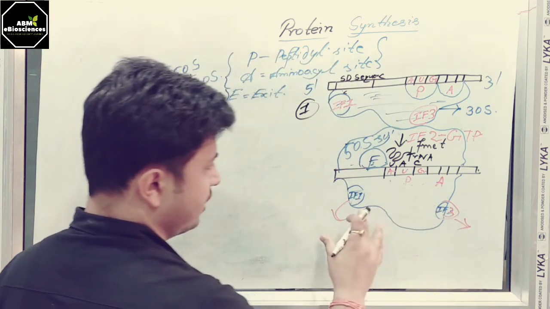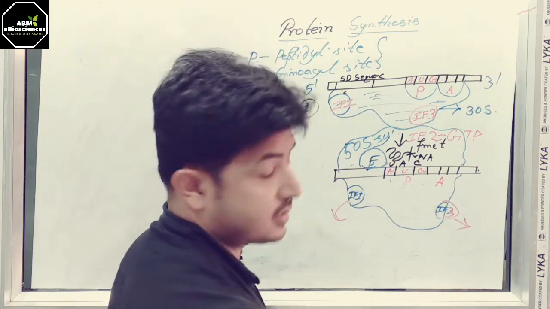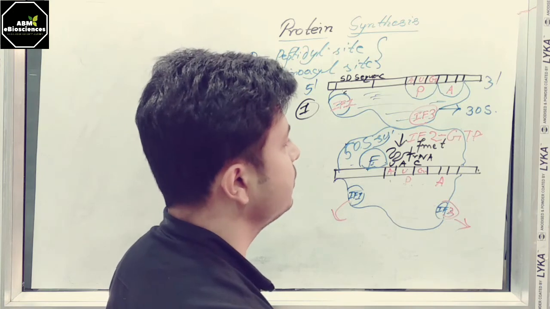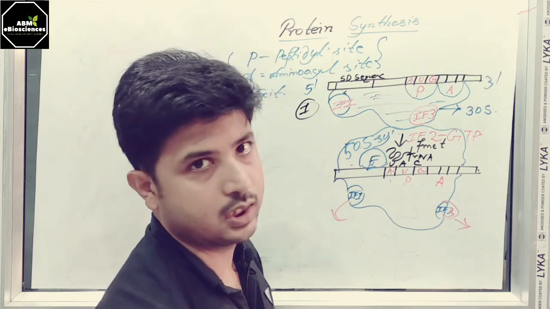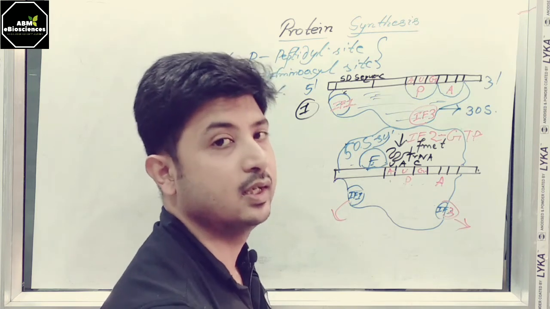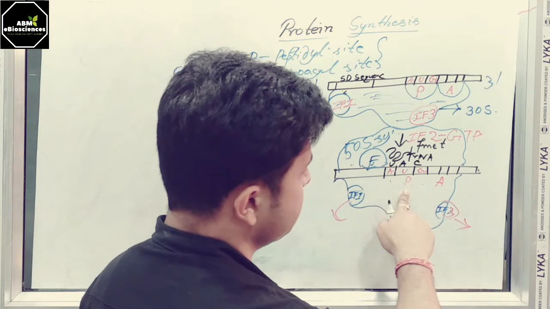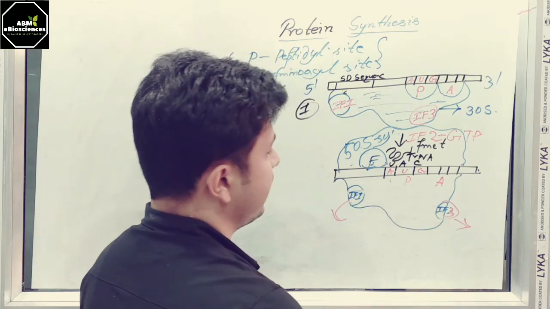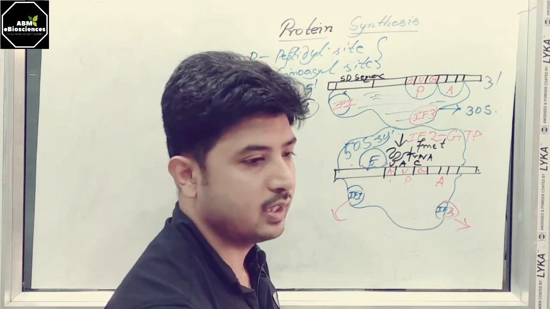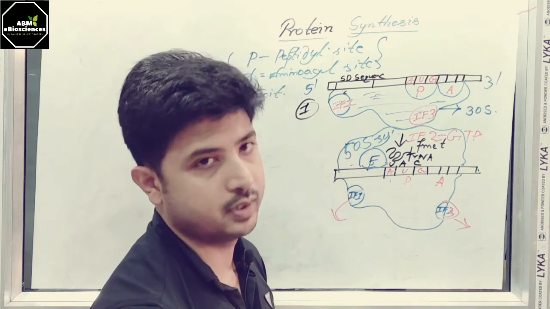What is the function of IF1, IF3 or IF2? You can understand that IF2 is bound with GTP, an energy molecule, which brings the F-met tRNA. F-met, the initiator tRNA with the initiating amino acid, now binds in the P site with the AUG codon. The function of IF3 is to resist the 30S and 50S ribosomal combination.